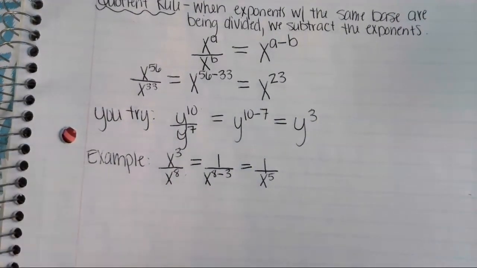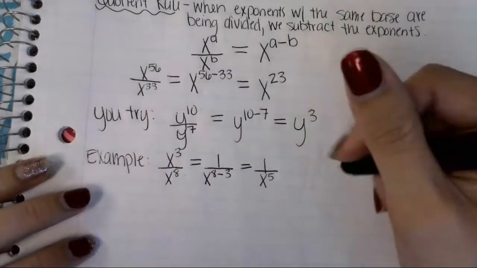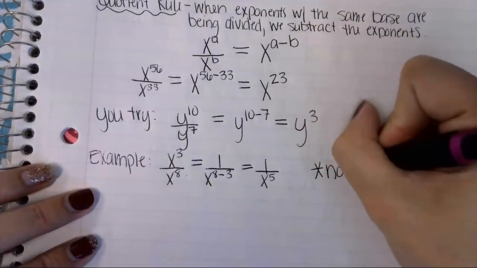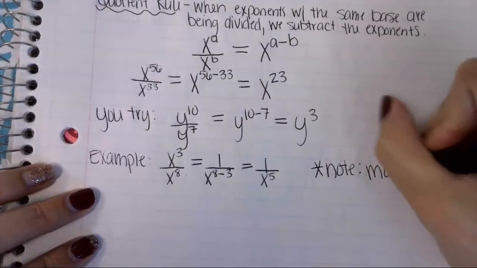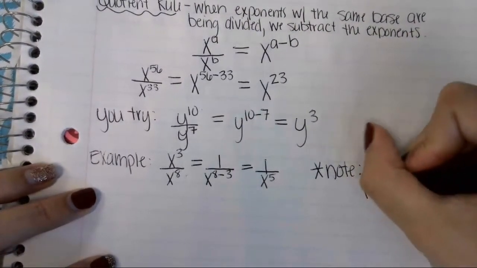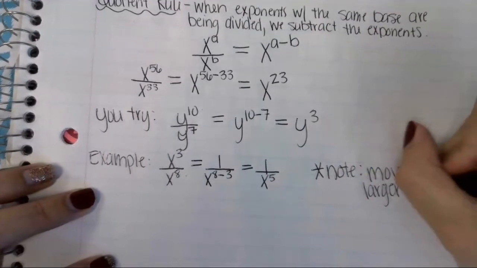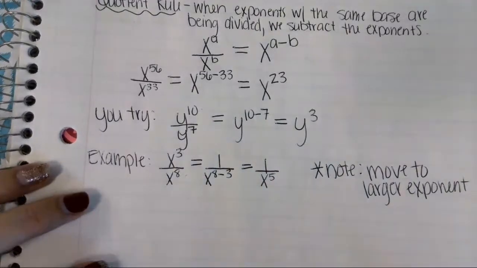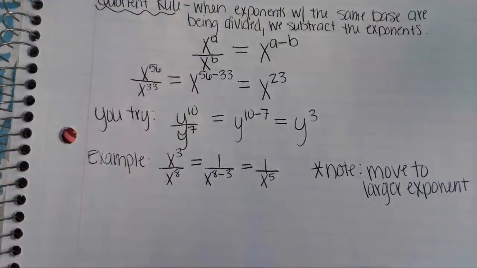As a general rule, I'll always move to the larger exponent. So if I were you, I would put yourself a little note: move to larger exponent. That always helps me.